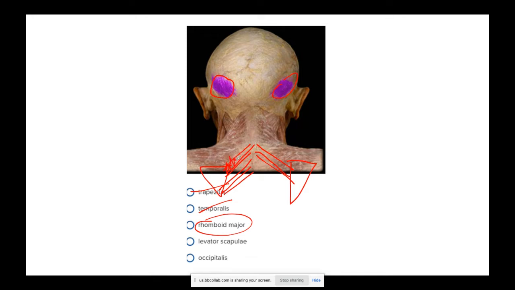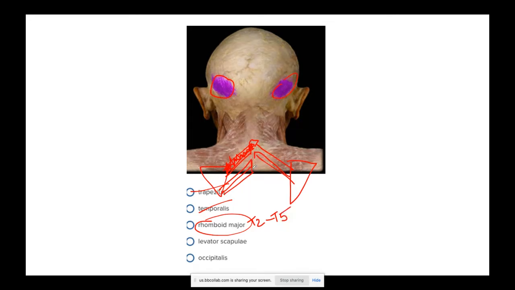So one of these on the top, that would be rhomboid minor. That goes from C7 and T1 vertebra to the vertebral border of the scapula. Rhomboid major goes from T2 to T5.